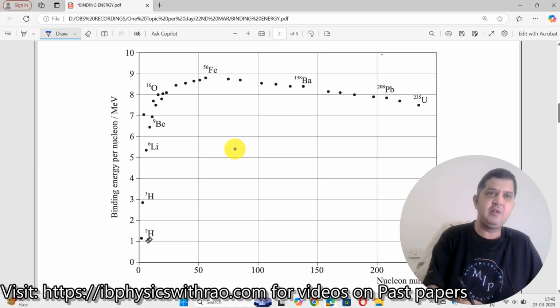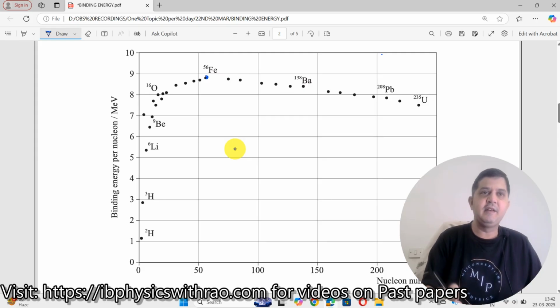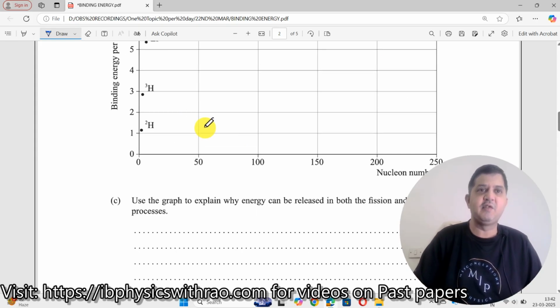The binding energy per nucleon keeps increasing with increasing mass number very rapidly. Between oxygen and iron, it shows nonlinear behavior, and after iron to uranium it shows a declining curve. Now let us read the question.